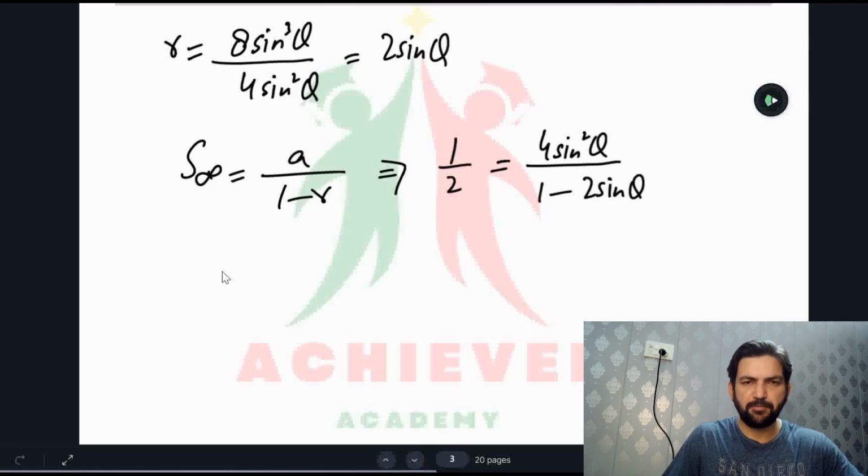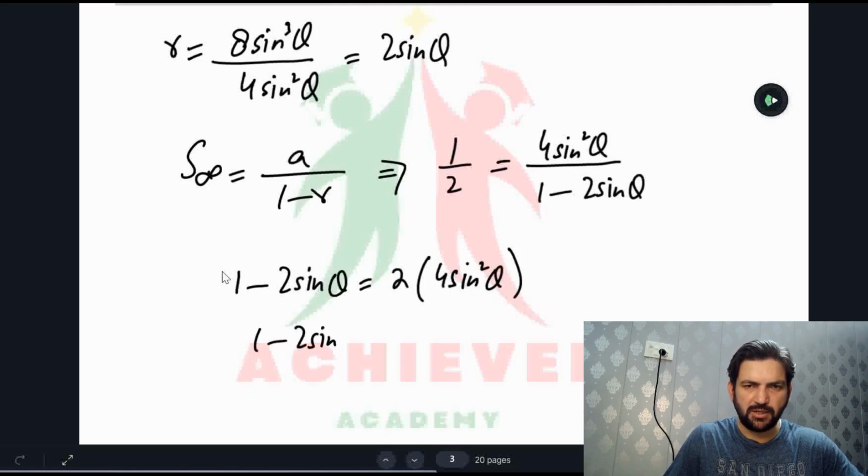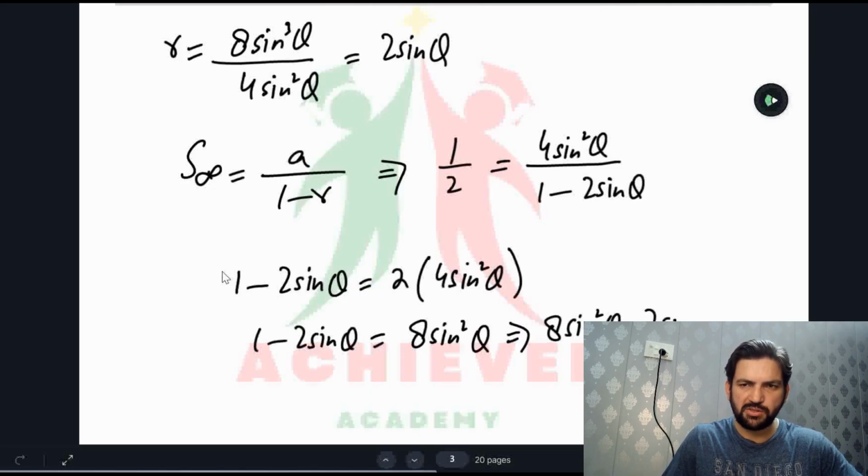So we will get 1 minus 2 sine theta is equal to 2 into 4 sine square theta. So 1 minus 2 sine theta is equal to 8 sine square theta. 8 sine square theta plus 2 sine theta minus 1 is equal to 0.